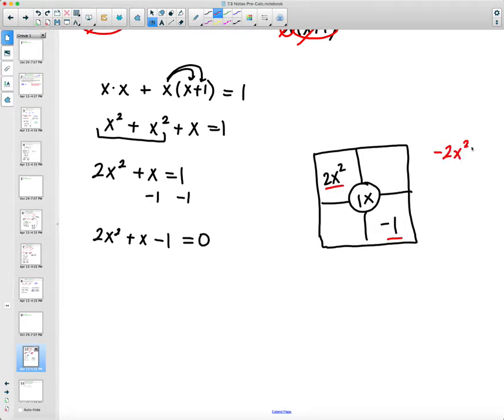So 2x squared times negative 1 is negative 2x squared. And then you're going to find the factors of this that add to the middle. So we want the factors of negative 2 that add to 1. So that's going to be a positive 2 and a negative 1, because 2 times negative 1 is negative 2. 2 plus negative 1 is 1. And so we'll fill those in.